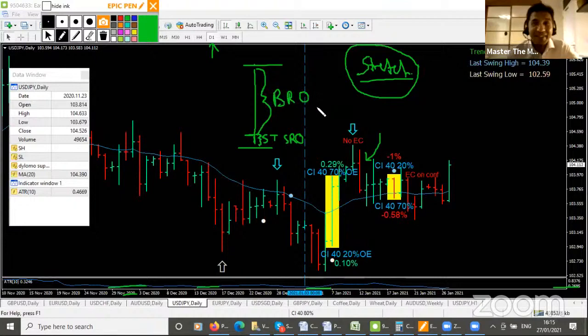The opposite side will be the smaller range from the open. The smaller range from the open is what we call the stretch.